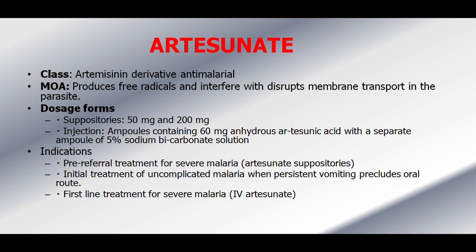Now, sometimes we have patients who are vomiting so severely that they cannot take oral medications. So in these patients, especially children, you may opt for rectal artesunate because it won't be possible for them to vomit it out. Then it's also given as first-line treatment for severe malaria. In all cases, artesunate is the first-line drug for severe malaria.